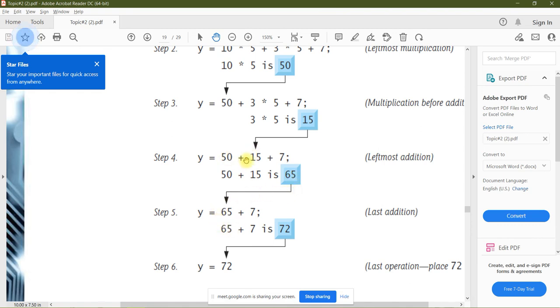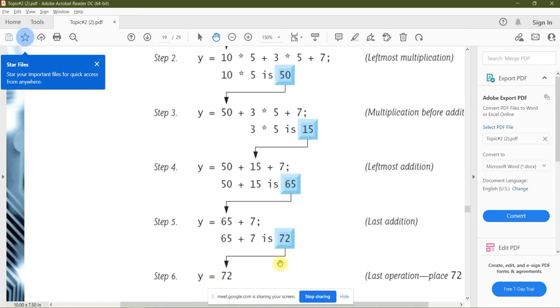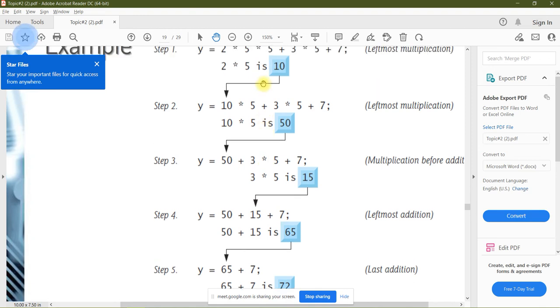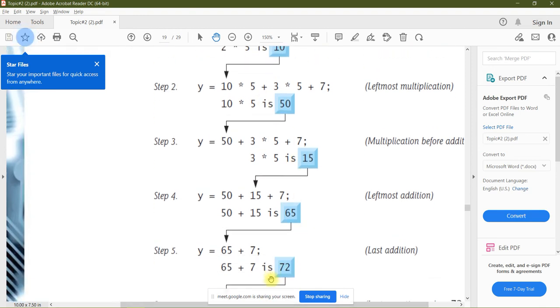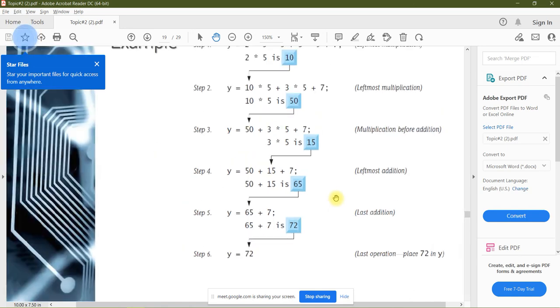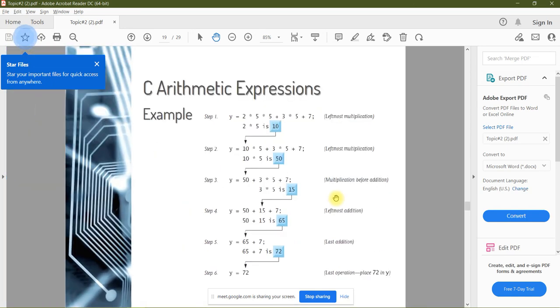Then it substitutes the 65 for the 50 plus 15 above. Then it adds the 7, which is the last thing we do, and the answer is 72. So that is how C operates on an arithmetic expression. It executes things according to what is indicated in the precedence.